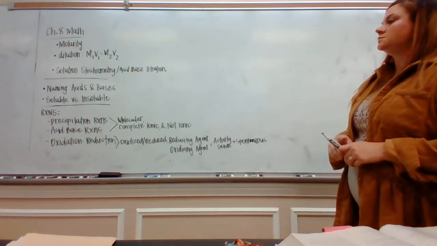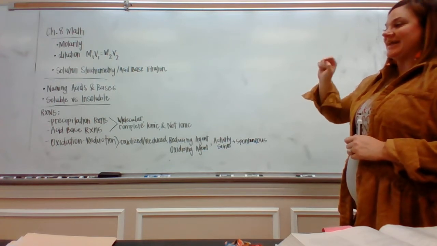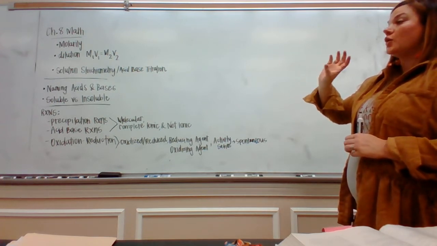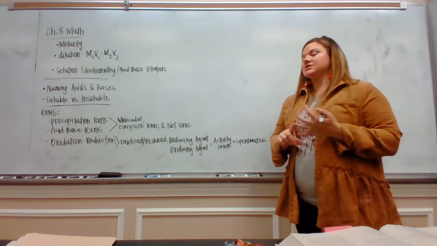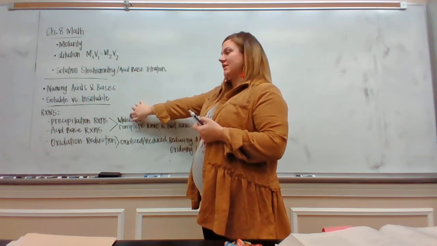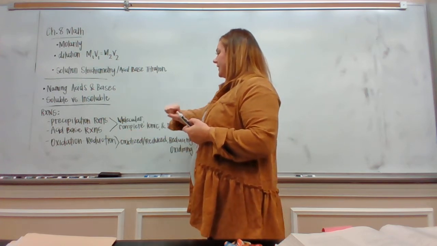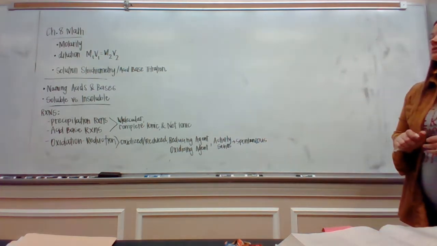All right, so we did 3 types of reactions. We did precipitation and acid-base reactions. With both of those, you need to predict your products. That's the same as saying writing the molecular equation, the complete ionic equation and the net ionic equation.